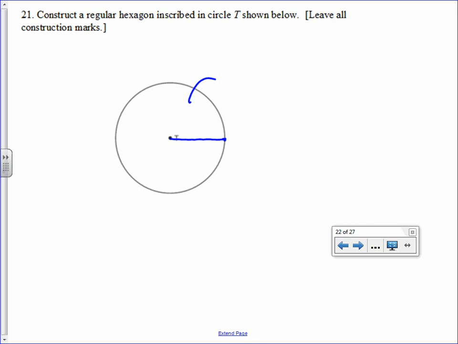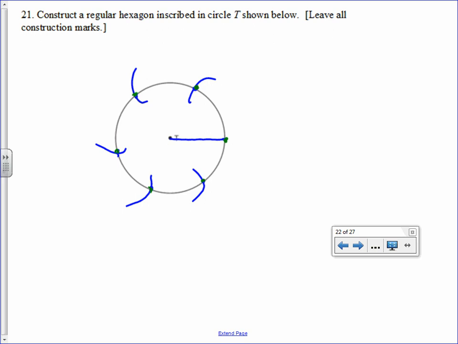Now that I do that, I take this point, I put my eye here, and I draw an arc. Now that I have this point, I put my eye here, and I draw an arc. 1, 2, 3, 4. Now that I have this, I draw an arc. Now that I have this, I draw an arc. Now I have 1, 2, 3, 4, 5, 6.